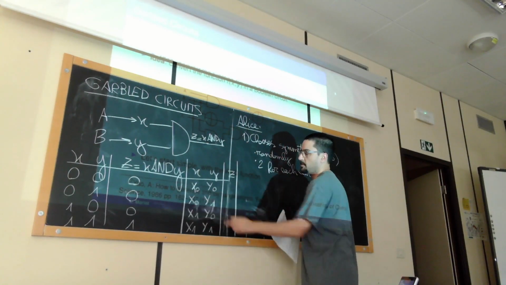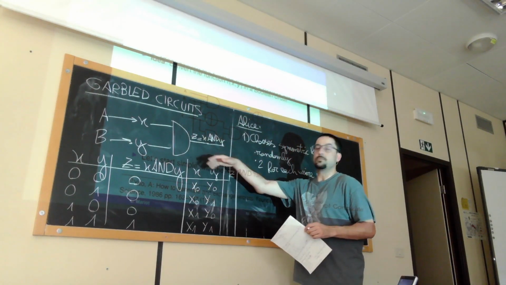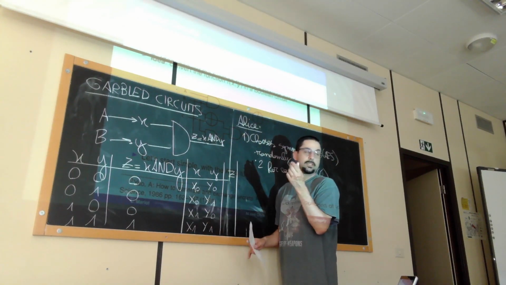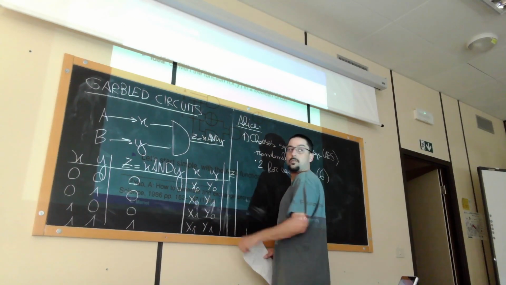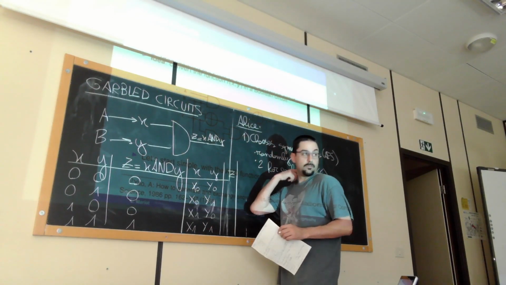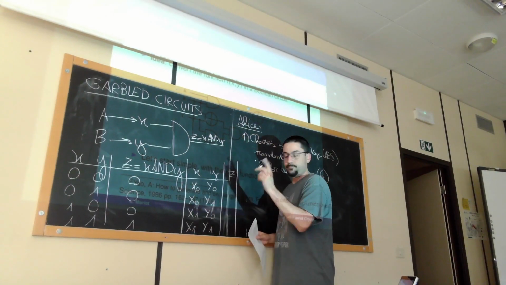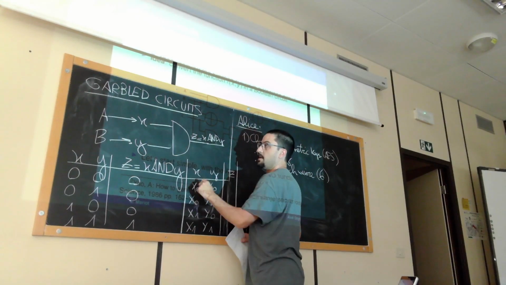These are the keys for the input values. x0 is the random key for 0 for the x input, so for this wire.